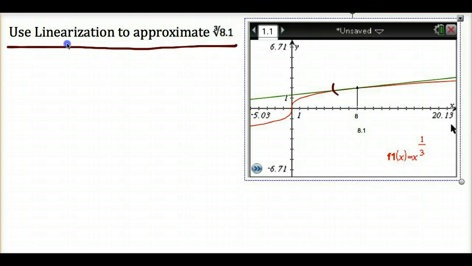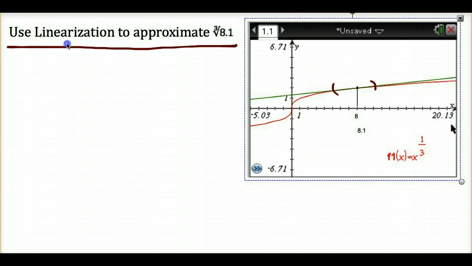If you look at that tangent line and that cube root function, they look to be almost identical right around the point where they are tangent. So that's the theory behind all of this. We're going to use the tangent line to approximate the value of the cube root function for values close to 8.